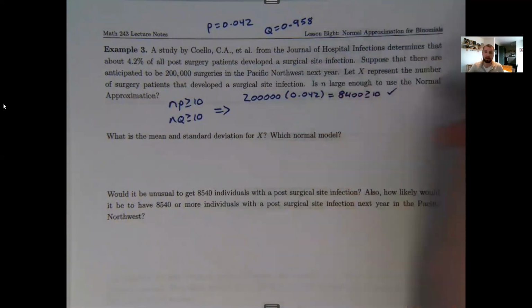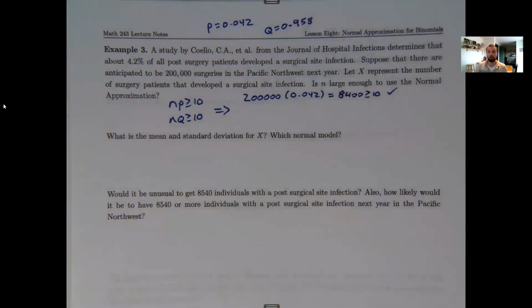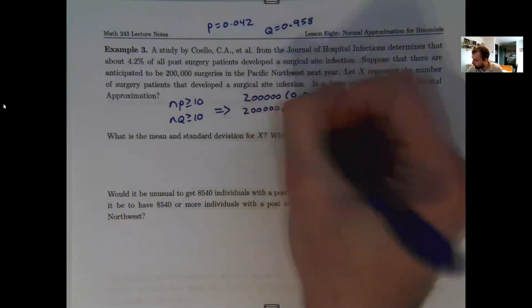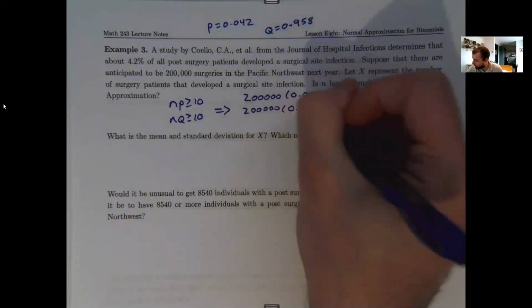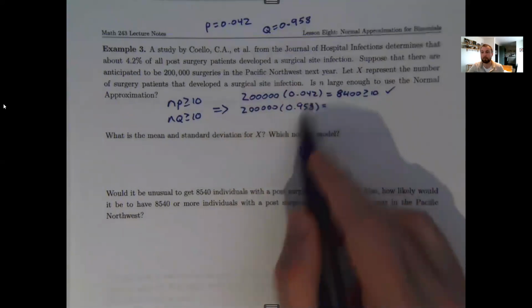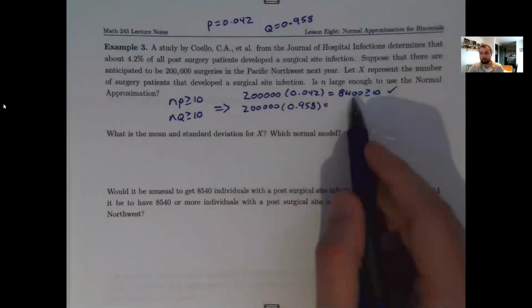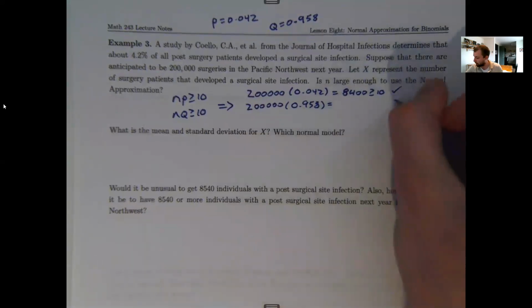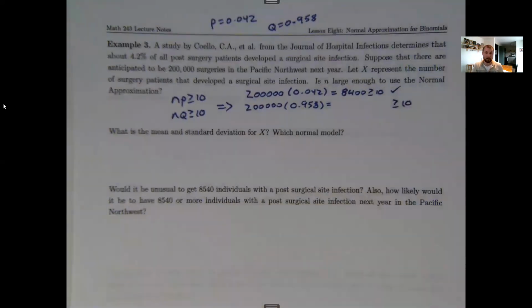So I expect 8,400 people to develop a post-surgical site infection. 200,000 times my Q, 0.958. This is the larger of the two probabilities. So if this thing was bigger than 10, this thing is definitely going to be bigger than 10. But I'm still going to type it into a calculator just so I can get that practice in.